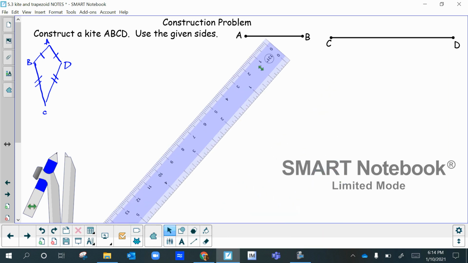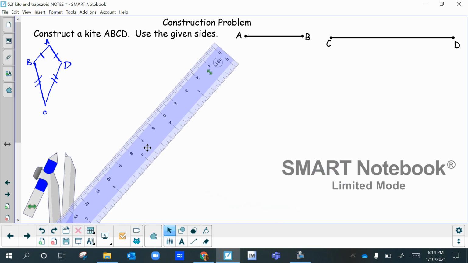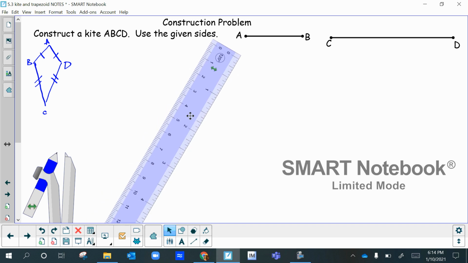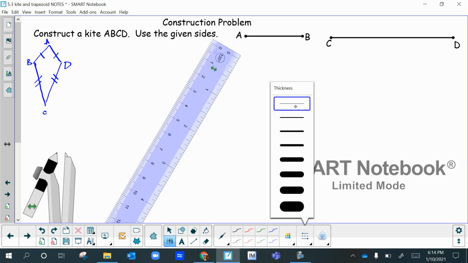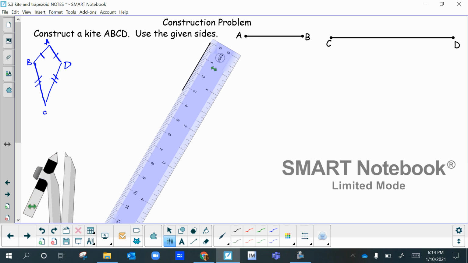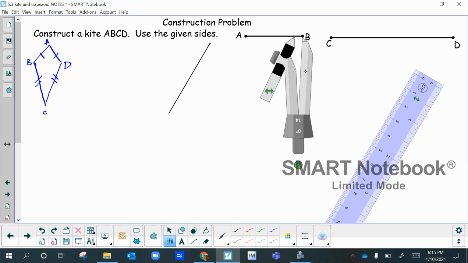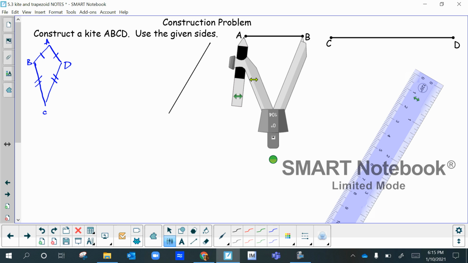So now we're going to actually construct it. I'm going to get my ruler and start off by drawing a segment, and make it a little bit longer than AB because you're going to go measure how big AB is. Remember how we used to grade constructions.